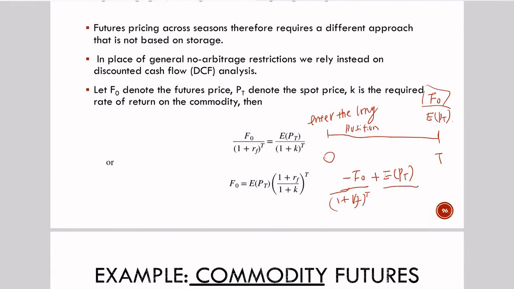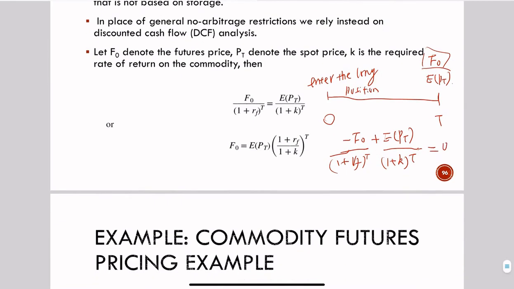And then for this EPT, the future spot price has some uncertainty, which means you should use a different discount factor. Let's say this discount factor is 1 plus K here. Generally, this is the required return on this commodity, and you could use the capital asset pricing model to find K. And then this discounted cash flow has to be 0. If you manipulate this equation, you can find the pricing formula like this.